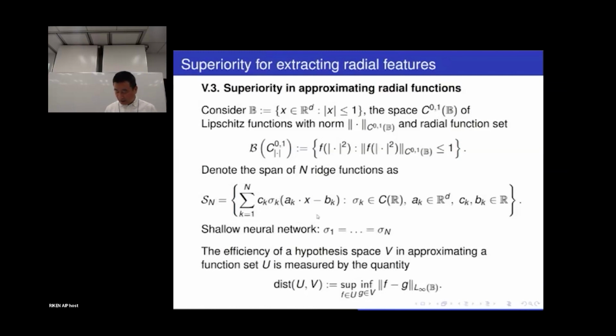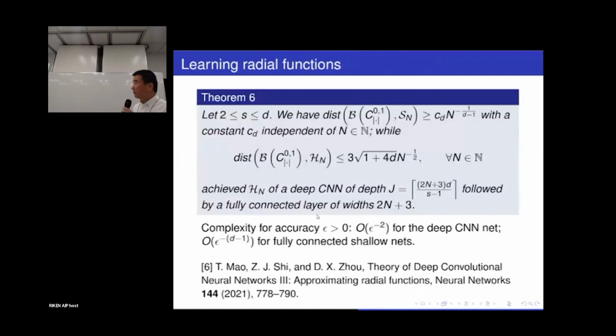Even with this larger one, the rate of approximation is very limited. It says that the rate of approximation is at most n to the -1 over d-1. So if the dimension d is large, this rate is very slow, and this is approximation by shallow neural networks. However, if we use deep CNNs, then the rate can be n to the -1/2.